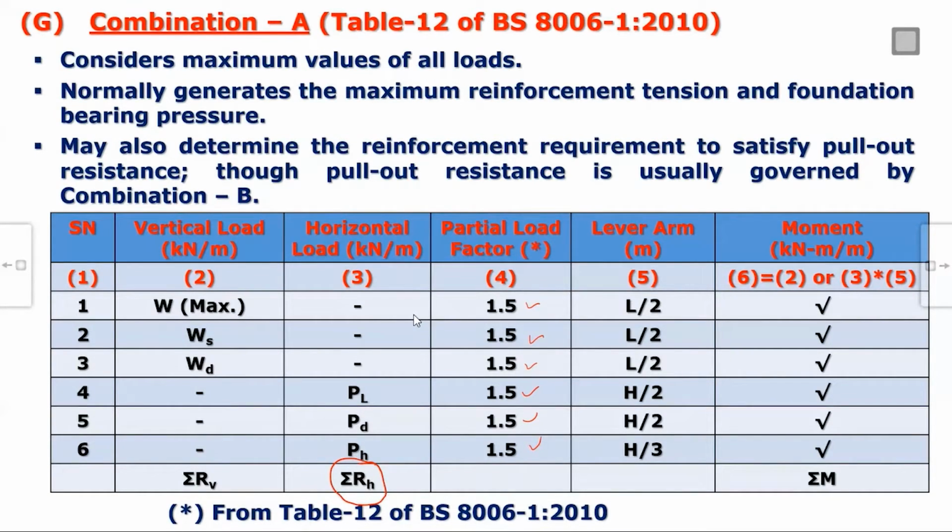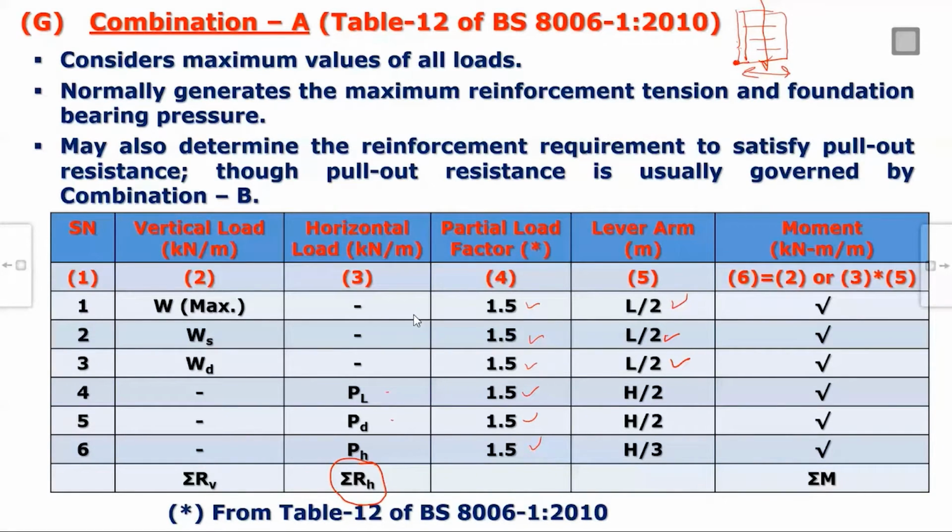Now see the lever arm. This is my fascia and this is my reinforced fill. All these forces have lever arms with respect to this point. The weight will act at the center of this block, so the lever arm will be L by 2 because the total is L. For this also the lever arm will be L by 2, and for this also L by 2.